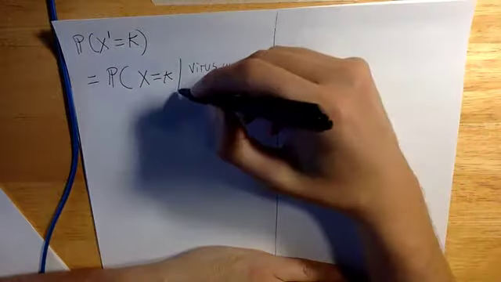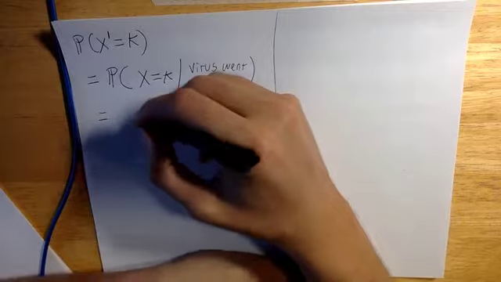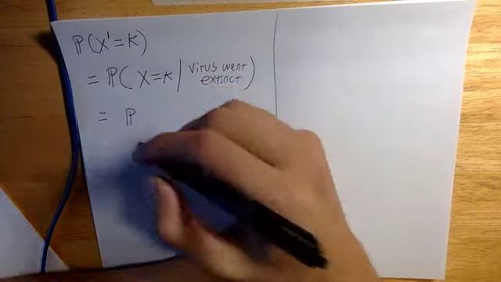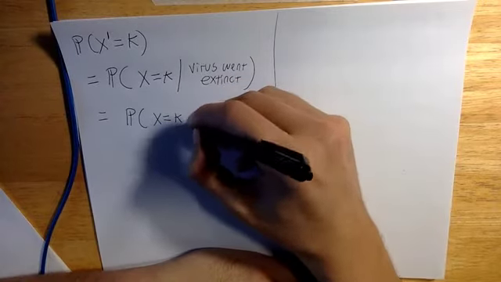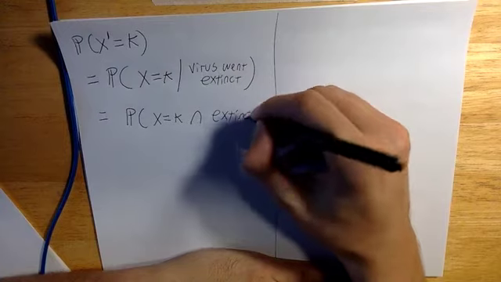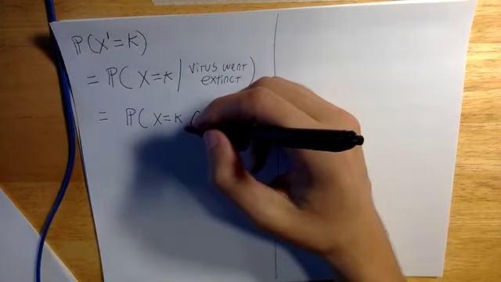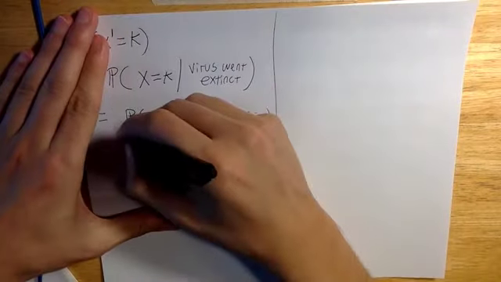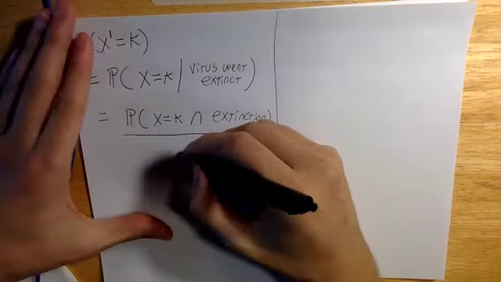Okay, so if we know that the virus went extinct, what we know is this is the probability that X is equal to k, intersection extinction, over eta star.